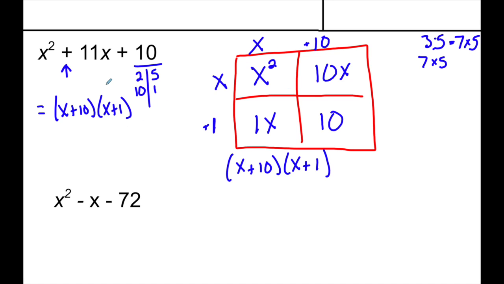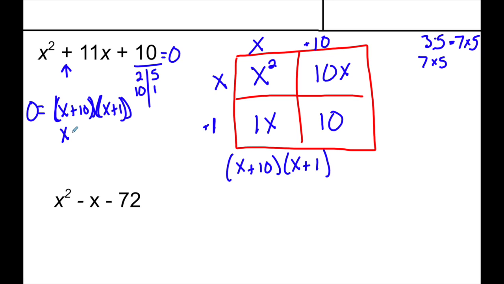But in this case with quadratics, why is that helpful? Well, remember, if you want to find the x-intercepts, you have to make it equal to 0, right? But it's hard to find it when you're in standard form. In intercept form, because we're multiplying these numbers together, x plus 10 and x plus 1, if they multiply and become 0, we know that one of them has to be 0.